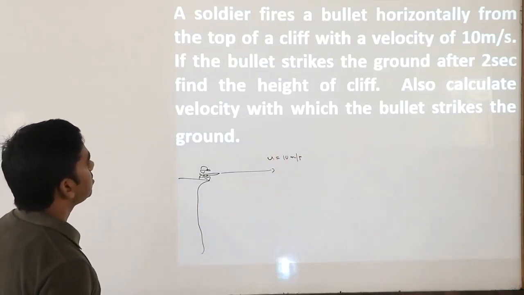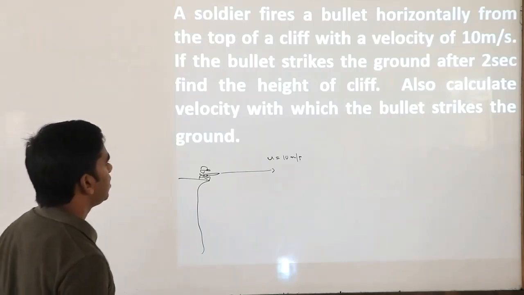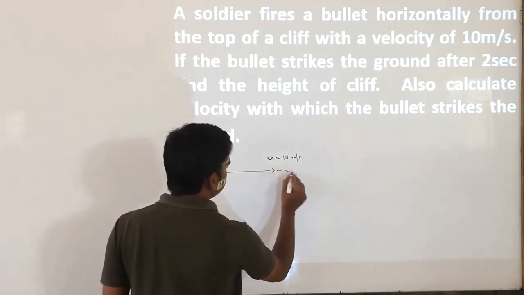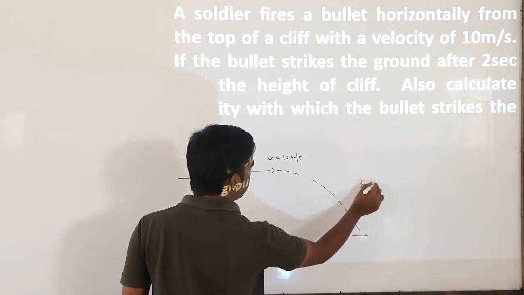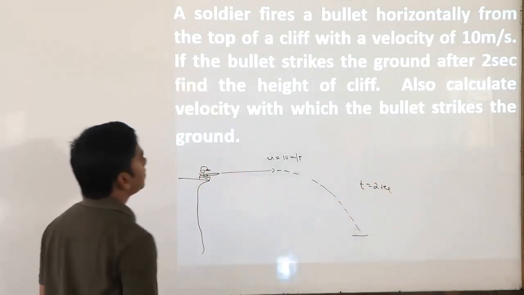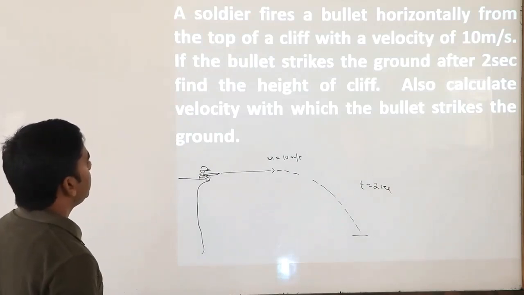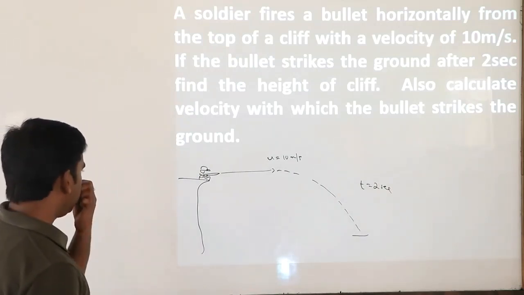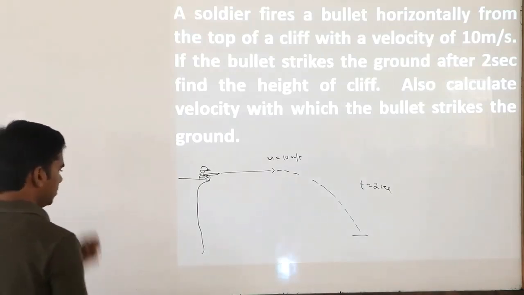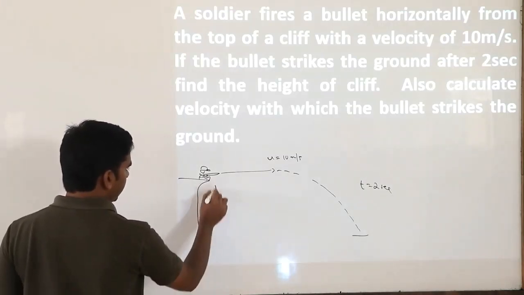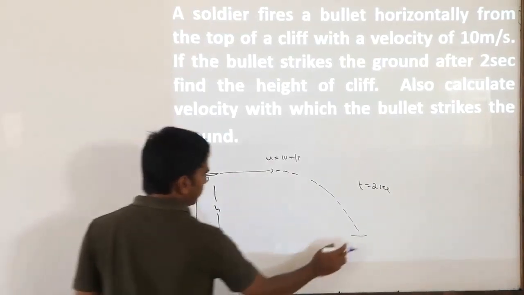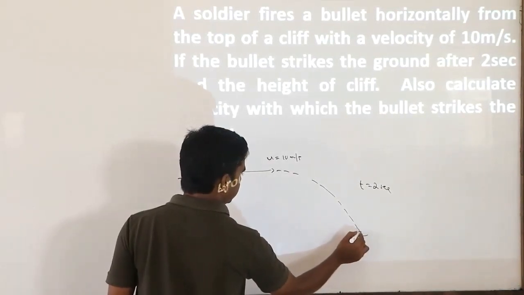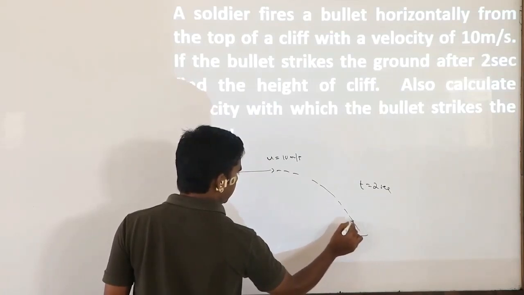If the bullet strikes the ground after 2 seconds, meaning the total time taken is 2 seconds, find the height of the cliff. Also calculate the velocity with which the bullet strikes the ground.